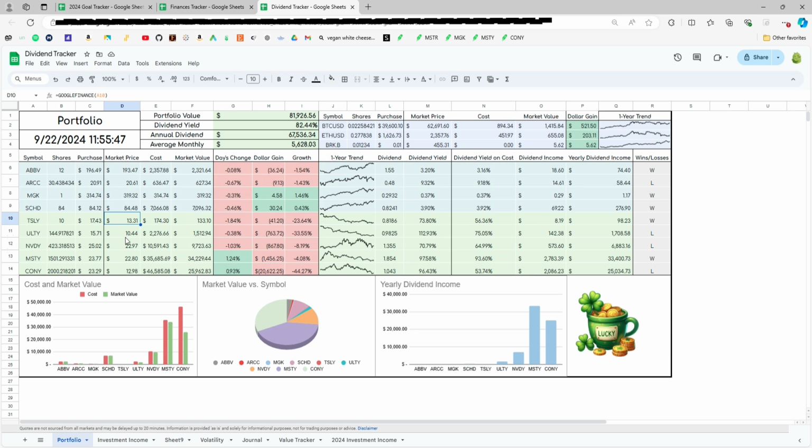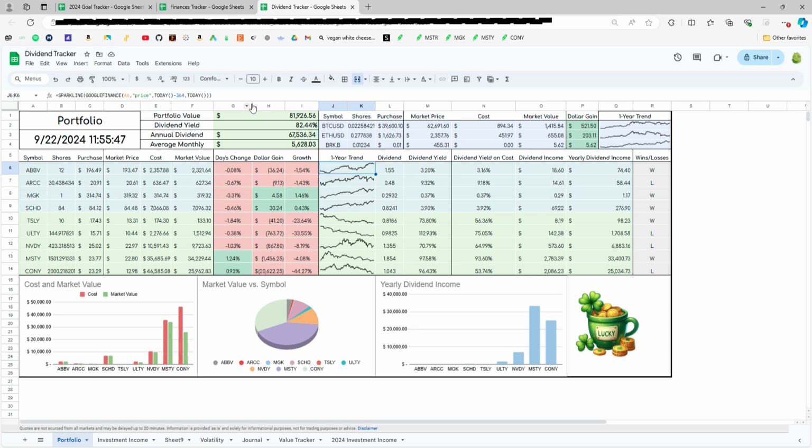Anyway, I think I was going to go over the different formulas I have here in case anybody wants them. Of course, you probably know about the Google Finance formula, and there's a change to percent for the day's change. Let's see. The spark lines.